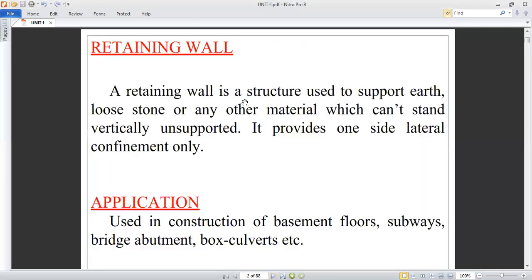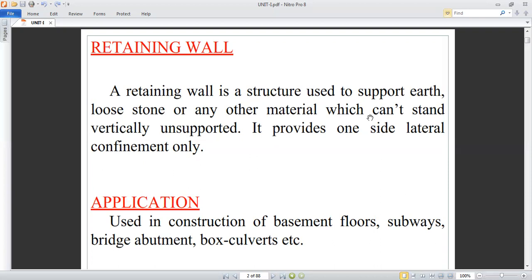So you can see in the slide. So retaining wall, as I said before, it is a type of structure which is designed and constructed to withstand a lateral pressure of soil or soil material. So in general, it is a structure to support earth material. Okay, it can be the earth material, can be a loose stone or any other material which cannot stand by its own vertical support, which cannot stand vertically unsupported.